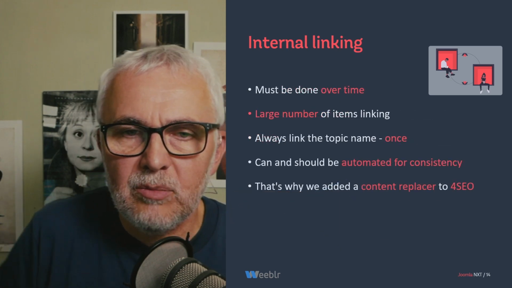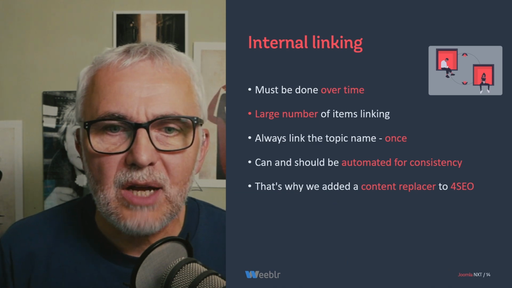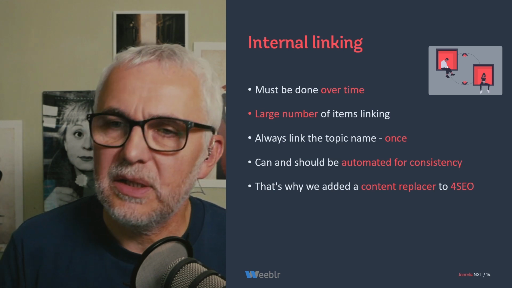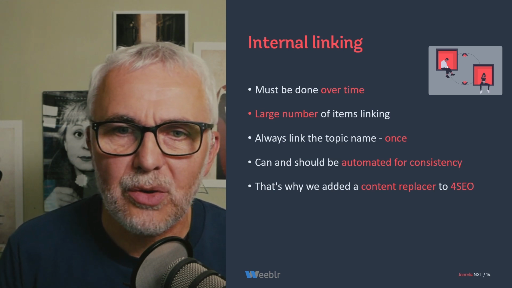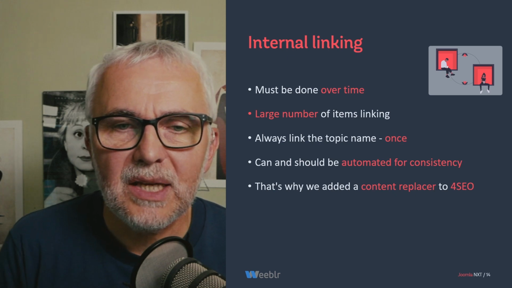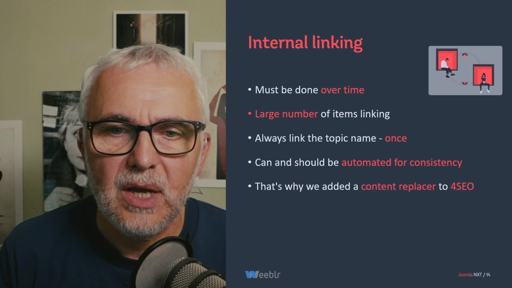This sort of thing must be done over time. It's not something that you do when you launch the site and then think you're done with it. It's something you do over months, over years. There has to be a large number of items linking to the main page that you want to rank for.